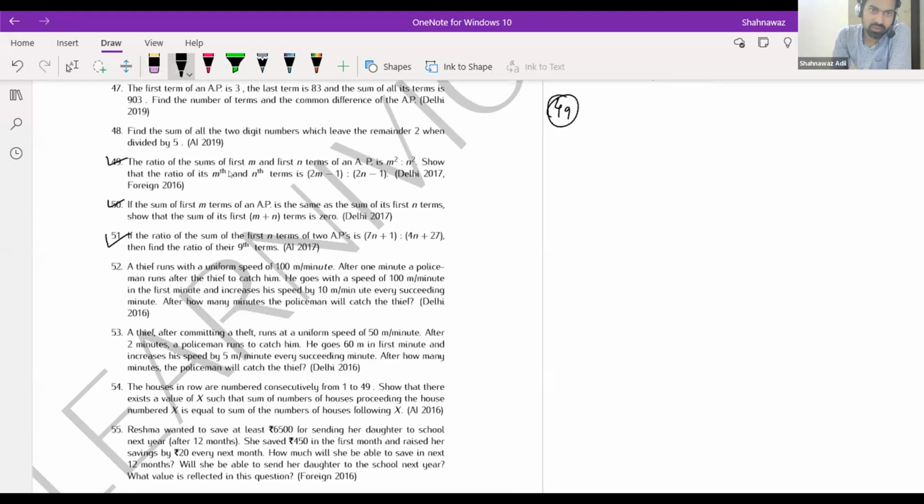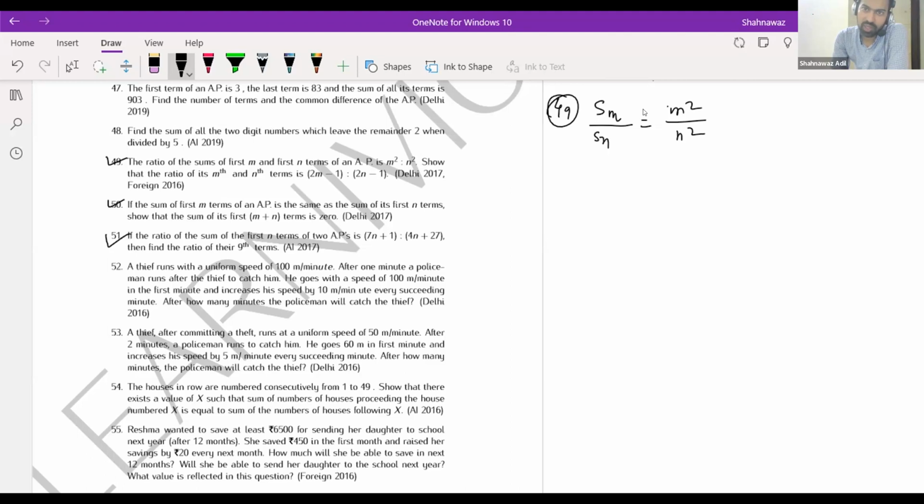The ratio of the sum of the first m and the first n terms of an AP, Sm by Sn, is equal to m squared by n squared. Show that the ratio of its mth and nth terms is 2m minus 1 divided by 2n minus 1.